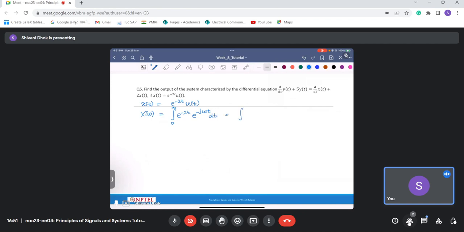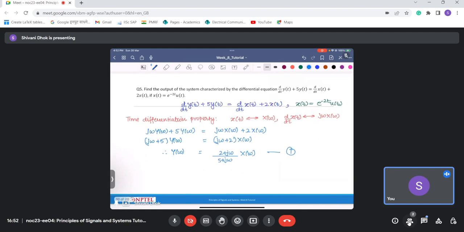This can be simplified as the integral from 0 to infinity of e power minus (2 plus j omega) t dt. Since 2 is greater than 0, this complex exponential will tend to 0 as t tends to infinity. So I can write this as minus 1 upon 2 plus j omega into e power minus (2 plus j omega) t from 0 to infinity. So this comes out to be 1 upon 2 plus j omega.